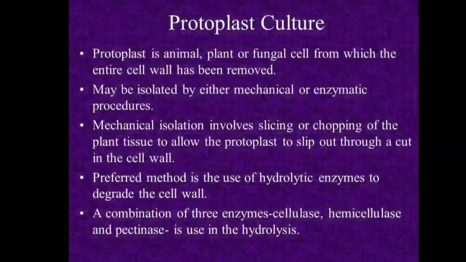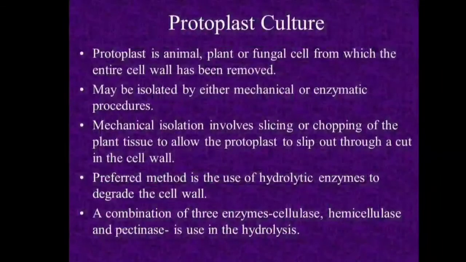And if we talk about the protoplast fusion, this protoplast fusion is categorized in two main categories, okay? The first one is spontaneous fusion, and the second one is induced fusion, okay?